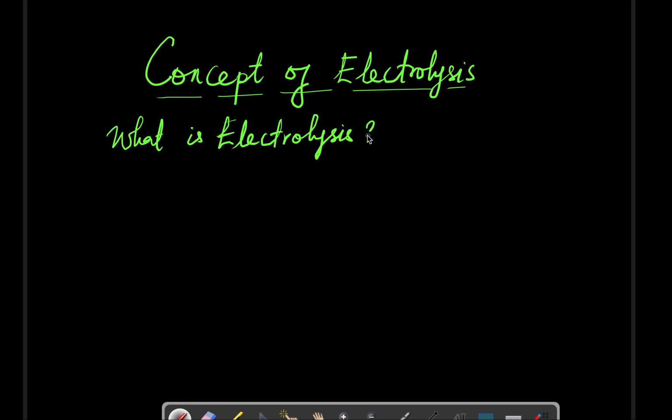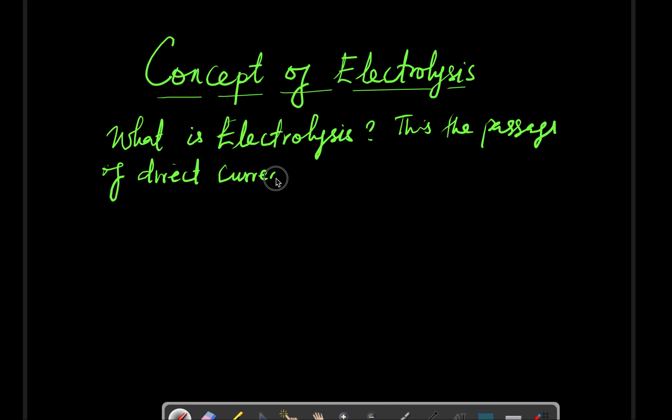So what is electrolysis? Electrolysis is the passage of direct current. Please keep in mind it has to be direct current. If you've ever seen something like DC, it stands for direct current, not alternating current.